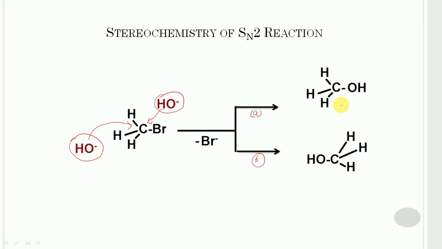So it is impossible to tell whether inversion of configuration has occurred or not, since both the front side and back side attack of hydroxide ion give the same product, that is methyl alcohol.